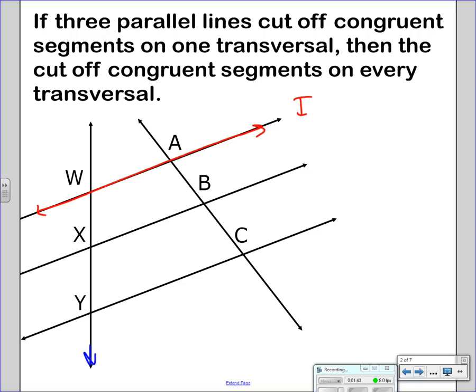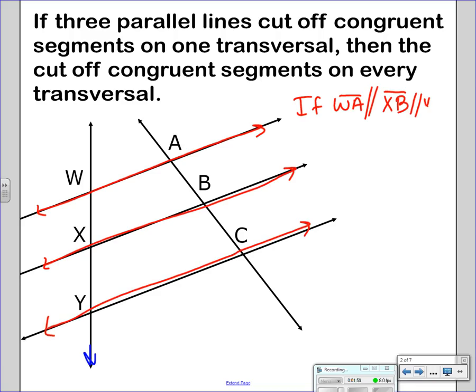So if WA is parallel to XB, which is also parallel to YC, and there's two pieces to that if part, and I cut off congruent segments on one transversal.